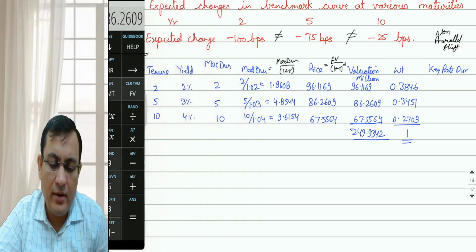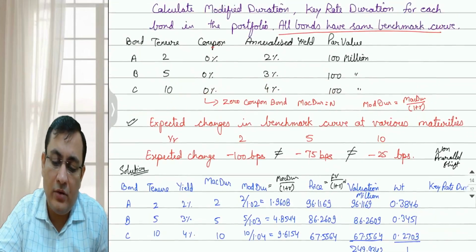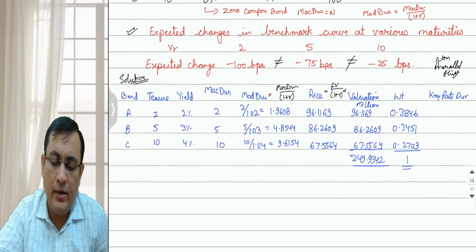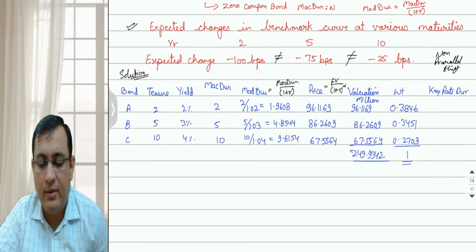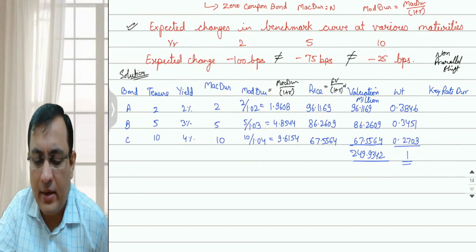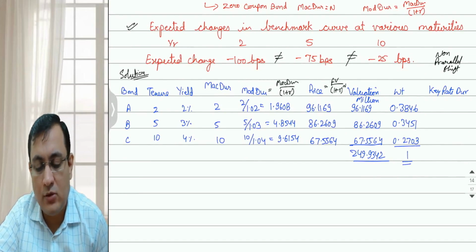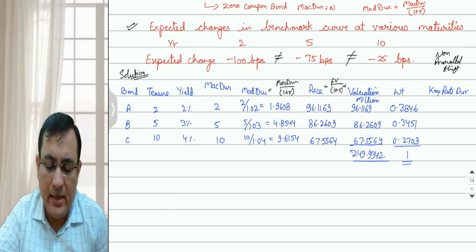Now the price I have already calculated. All are of 100 million, the same par value. So valuation will be 100 into 96.1169 divided by 100 and so on. All bonds will have a value of 96.1169 million, etc.